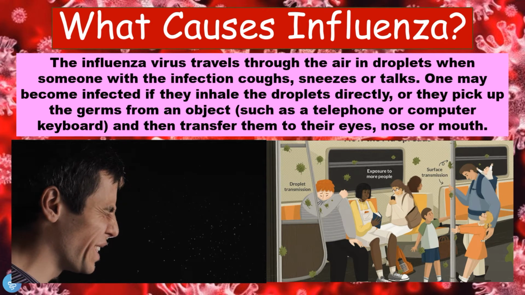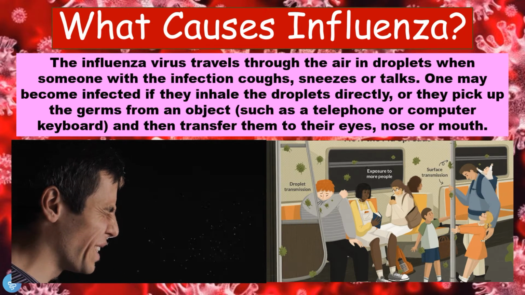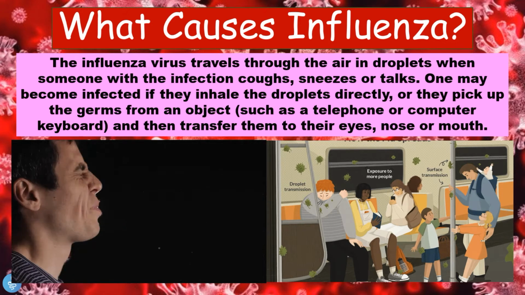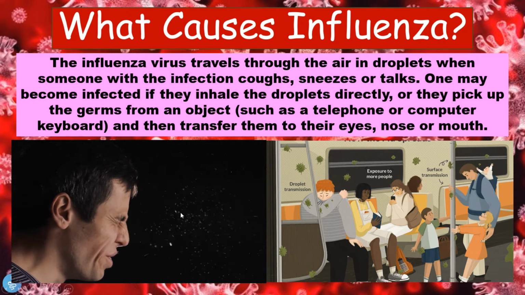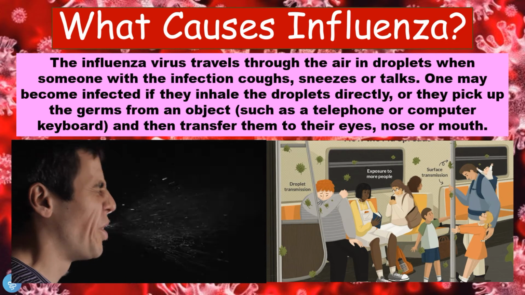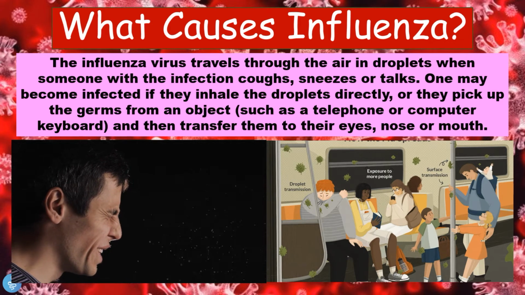So what causes influenza? The influenza virus travels through the air in droplets when someone with the infection coughs or sneezes or talks. One may become infected if they inhale these tiny droplets directly, or they pick up the germs from an object such as a telephone or computer keyboard and then transfer them onto their eyes, nose, or mouth.